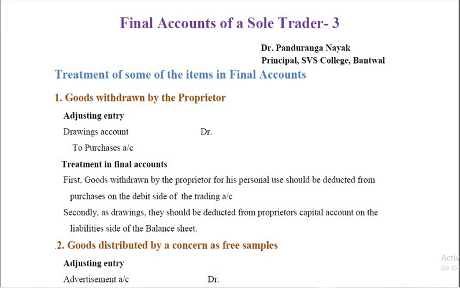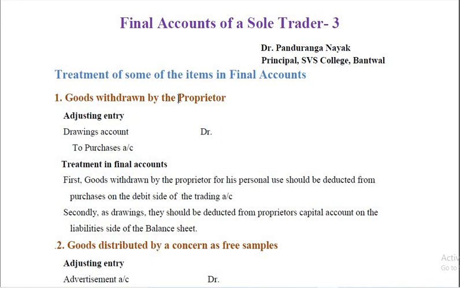So there are three types of drawings. One is drawing in cash. Number 2, drawing in goods. Number 3, drawing in assets. Drawing in cash means drawings account to cash, that is the entry. Goods withdrawn means drawings account to purchases.